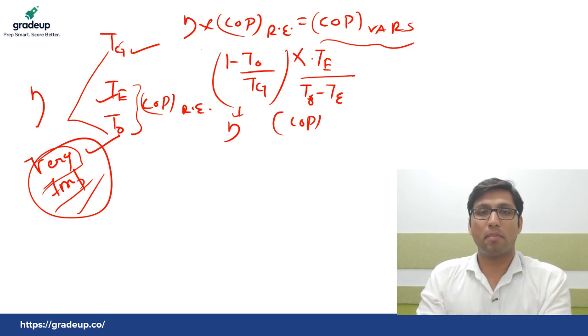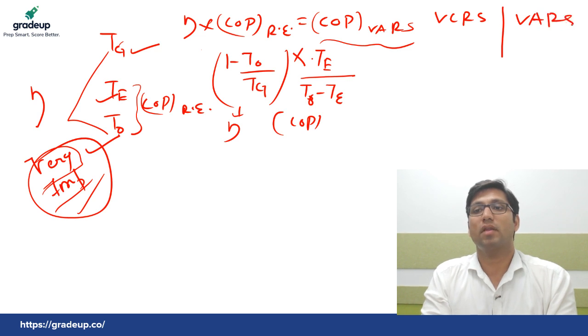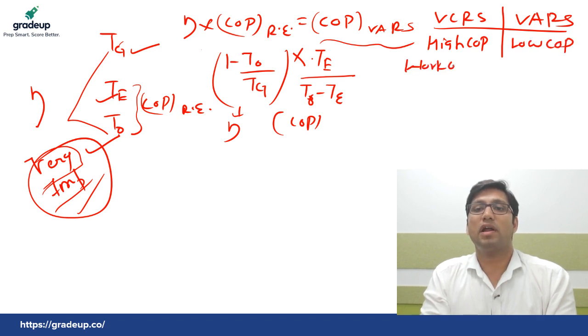So these are all the formulas of the vapor compression and refrigeration systems. If you compare the COP of VCRS and VRS, VCRS has high COP and is work operated, while VRS has low COP and is heat operated.